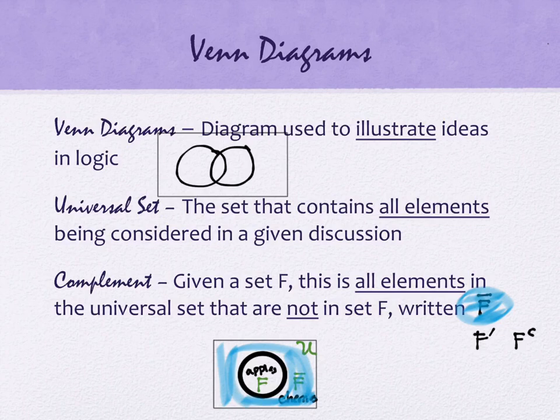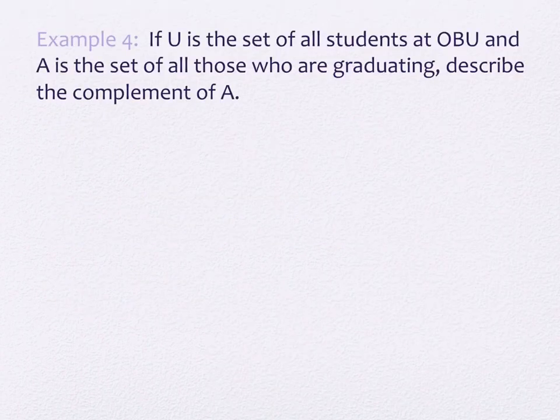Okay, so we're going to do a lot more in section 2.3 with Venn diagrams, but let's keep moving a little bit more with the finishing up of this section anyway. So let set U be the set of all students at OBU. Okay? And A is the set of those who are graduating. Are you with me? We're going to describe the complement of A. What would A complement be described as?